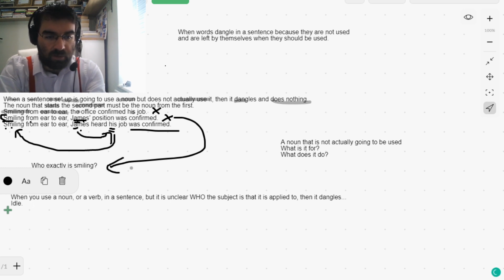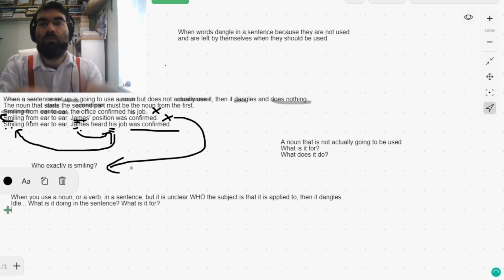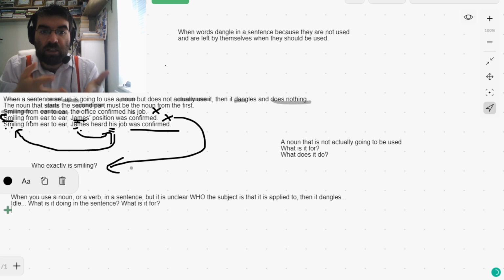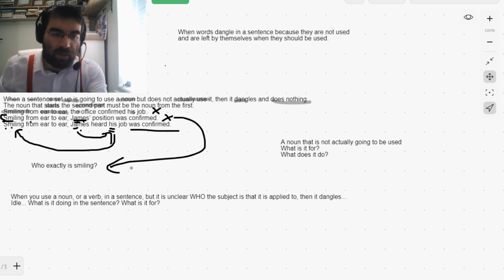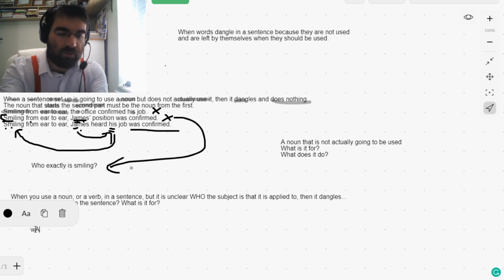What is it doing in the sentence? What is it for? So a dangling participle is nouns or verbs that have no clear use in the sentence. Who's the subject? Or even the object? What is it being applied to?